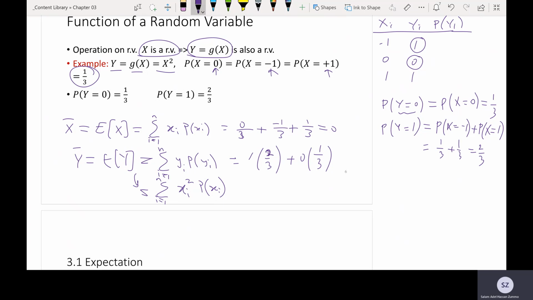So let's write it this way: y was the expected value of x squared, right?